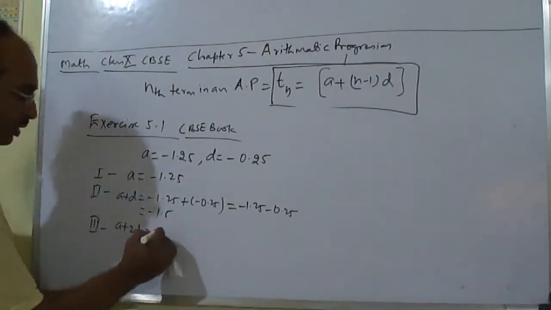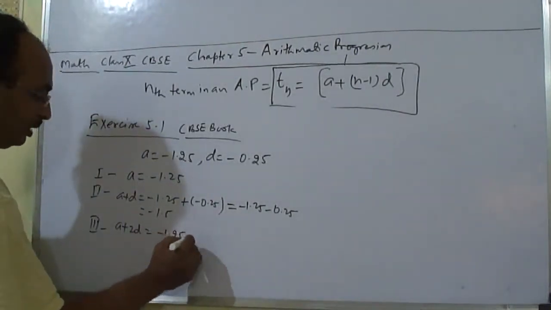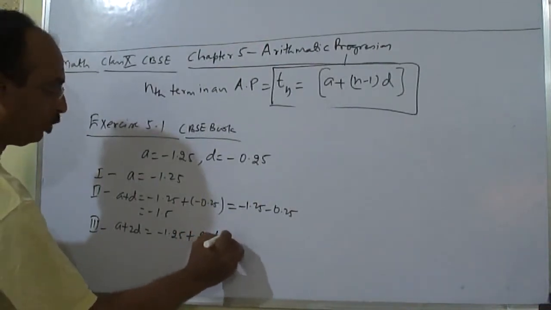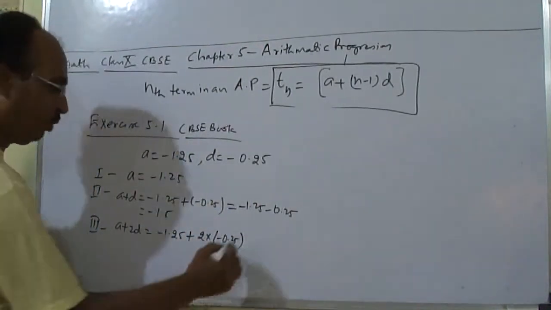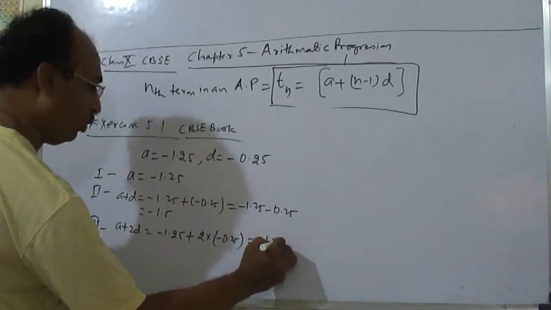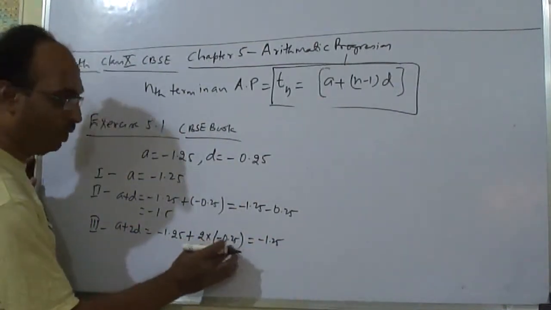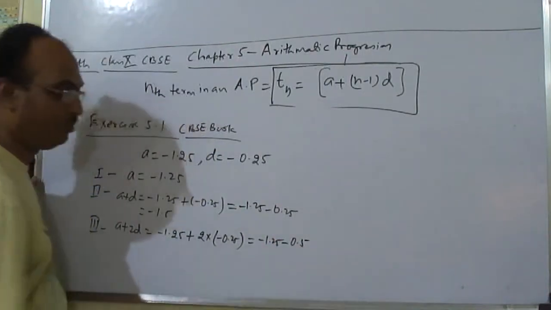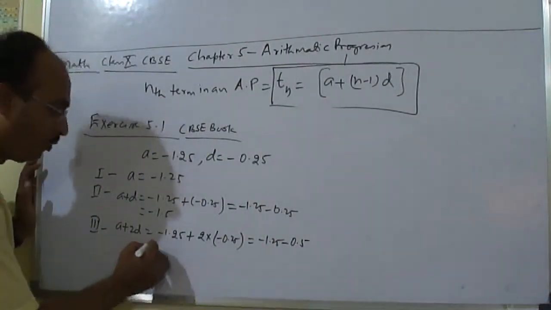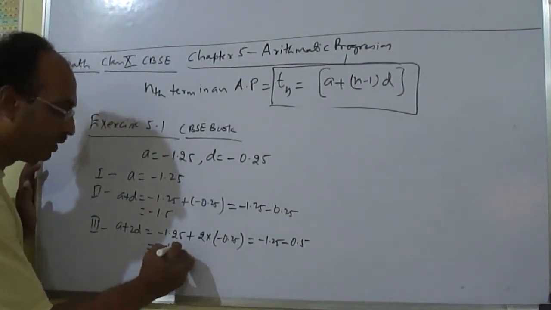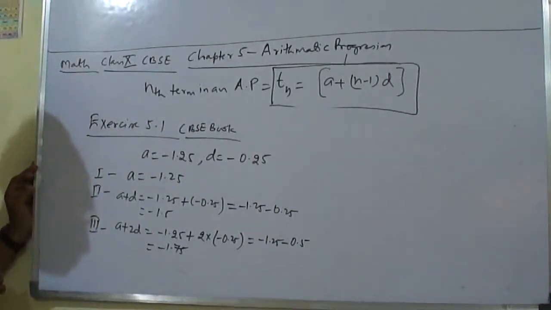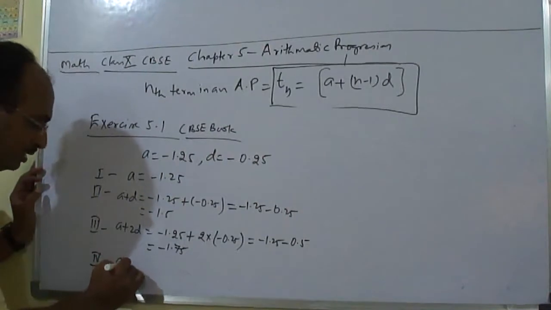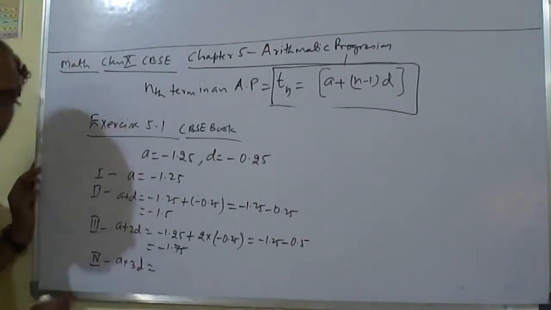Our third term is A plus 2D. So minus 1.25 plus 2 into minus 0.25. It will be giving you minus 1.25, and when you are multiplying it, it will become minus 0.5. So minus 1.75. Then our fourth term, A plus 3D.